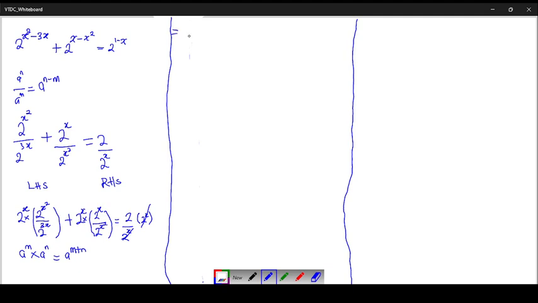So I have here equal to 2 raised to the power of x raised to the power of 2 minus 3x, then you could say plus x by virtue of the multiplication of 2 raised to the power of x.